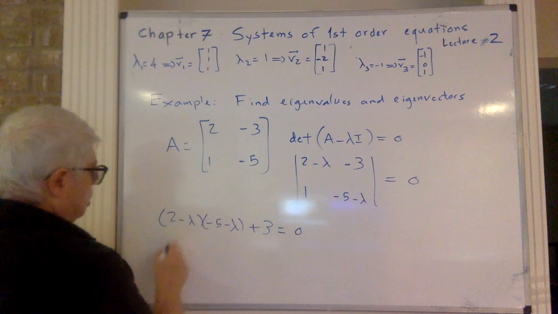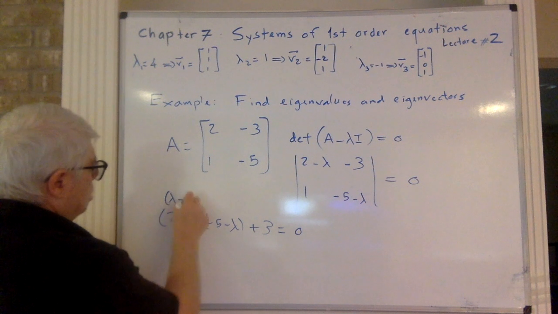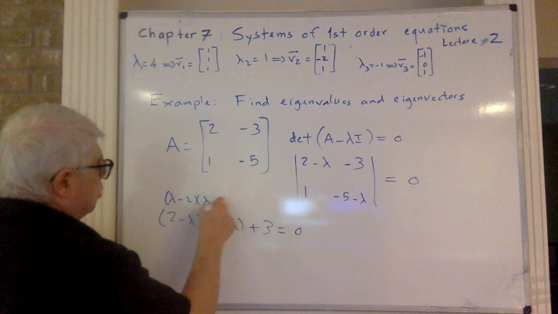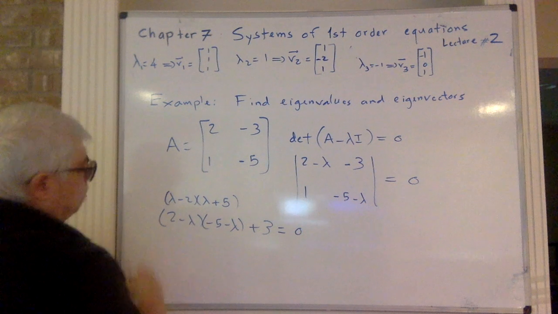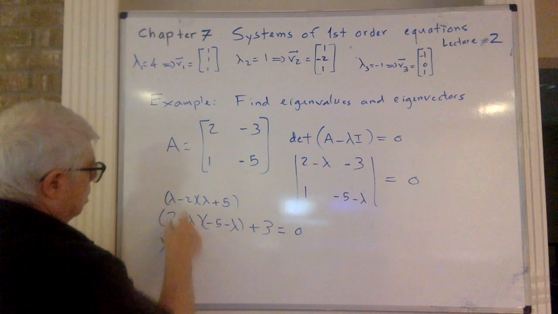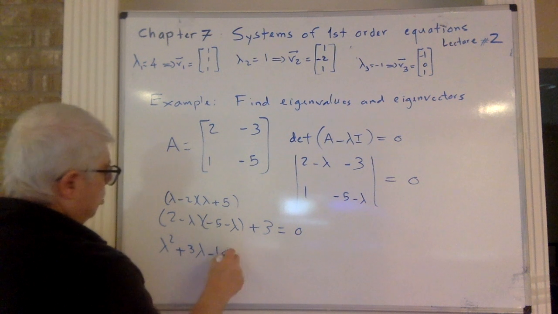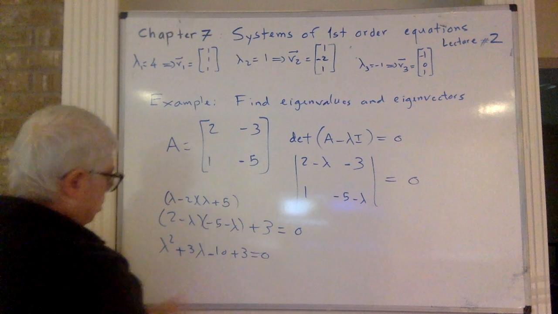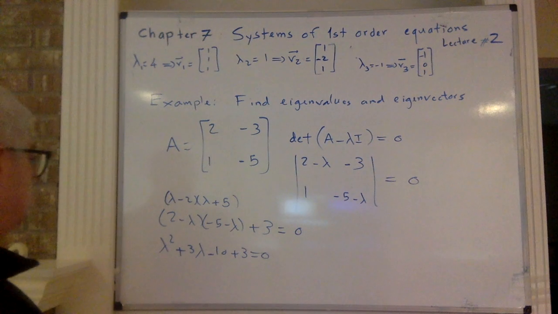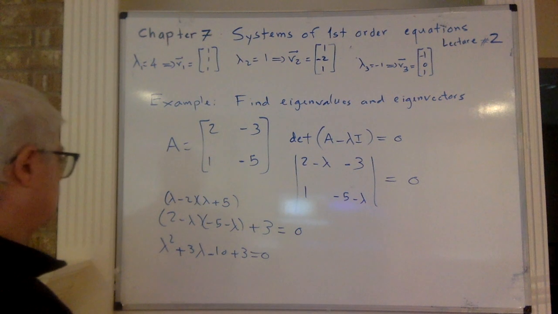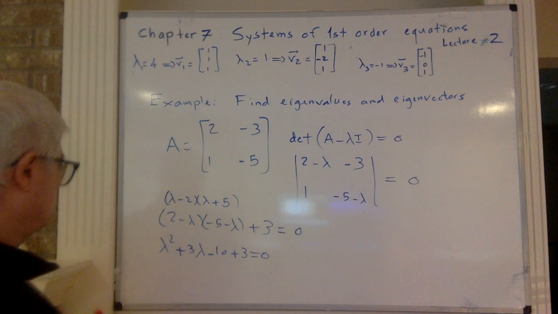And so this is in fact lambda minus 2 times lambda plus 5, which gives lambda squared plus 3 lambda minus 10 plus 3 is 0. So, oh gee, this doesn't give me a complex. Well, let me see, what can I do?